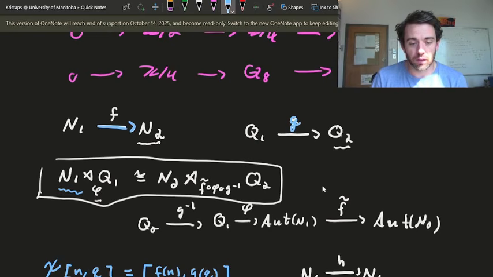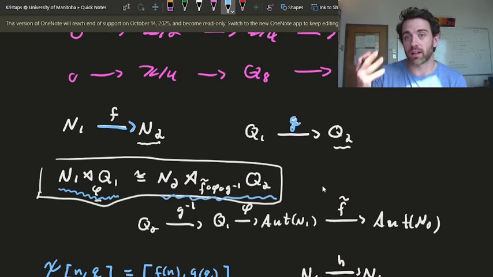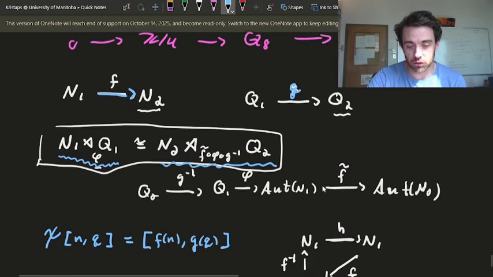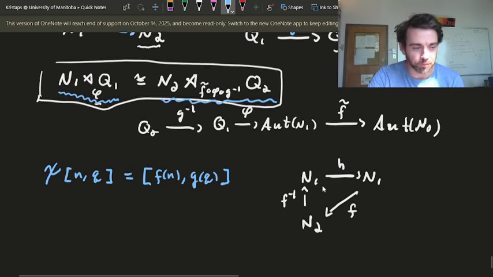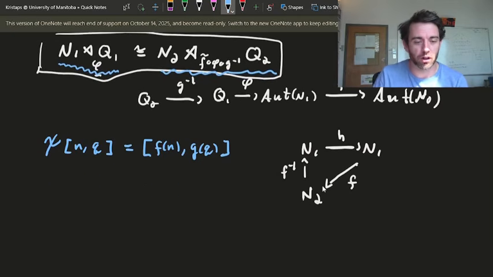So the semi-direct product, N1 direct product Q1, has the same order as the second semi-direct product. So again, we just need to show that the map is surjective. Well, F and G are both themselves surjective, and so it follows essentially immediately from that. The fun part is showing that we have a homomorphism.